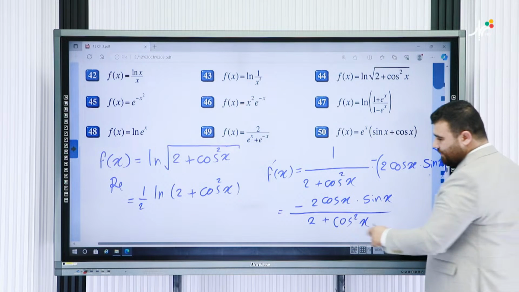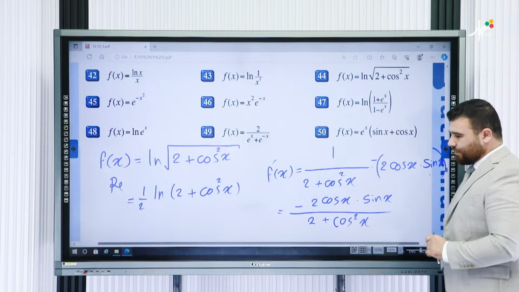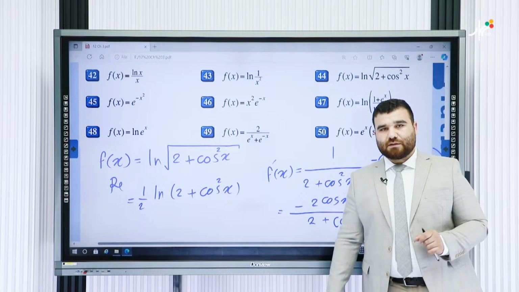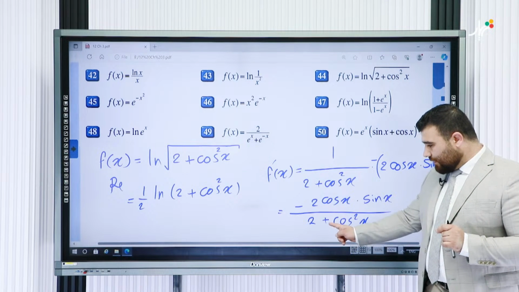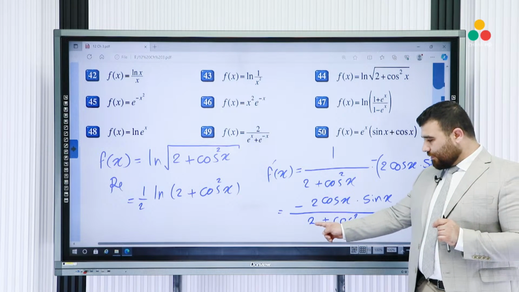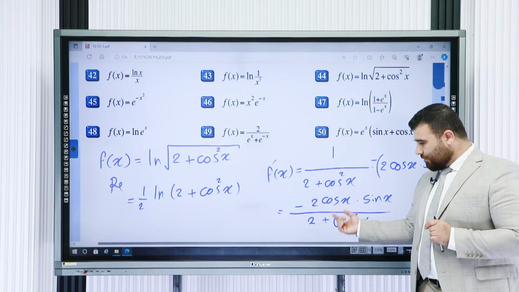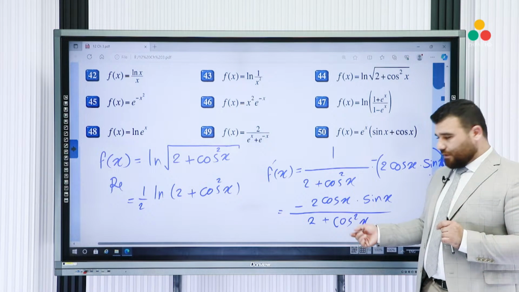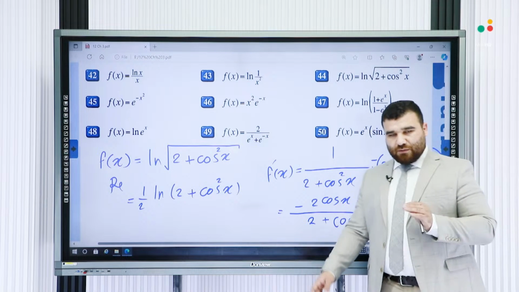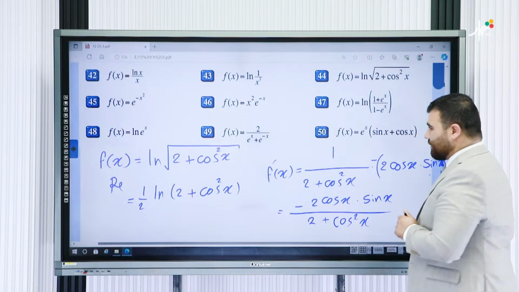And never make this mistake. This cosine cannot cancel this cosine. This 2 cannot cancel this 2, all because of this plus. Since next to the 2 is plus, this 2 cannot cancel this 2. Next to cosine there is plus, this cosine cannot cancel this cosine. If it was times, the 2's and the cosines would cancel each other.